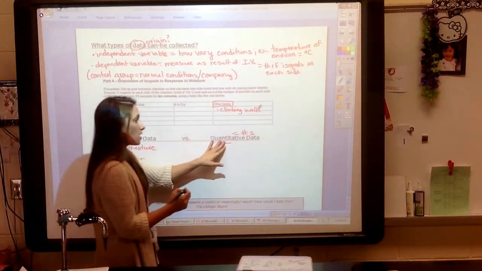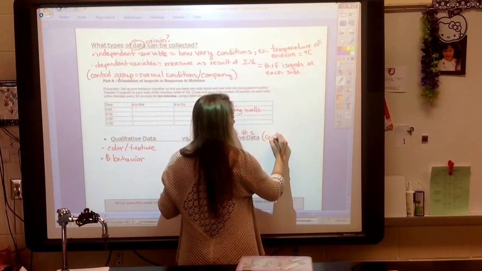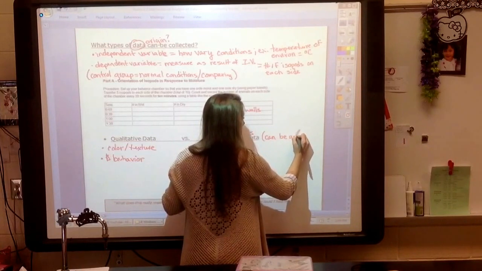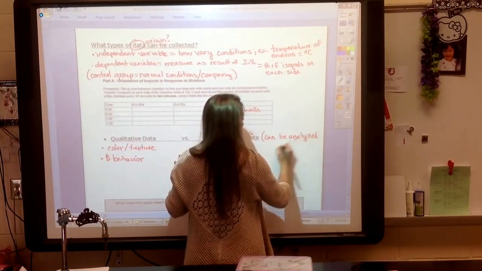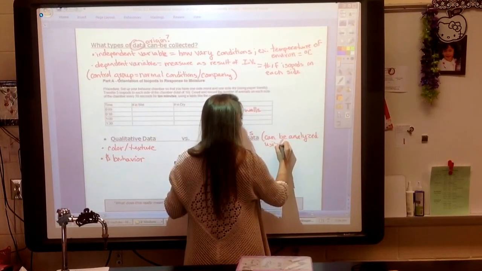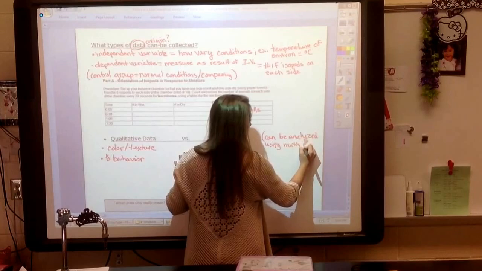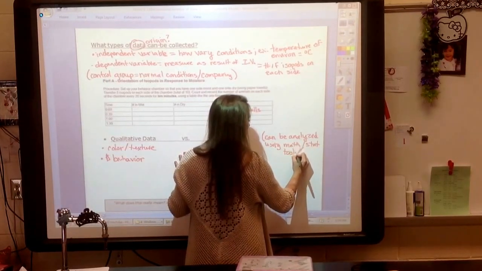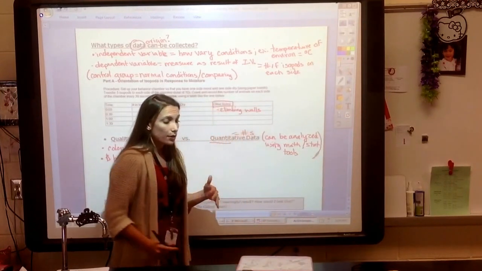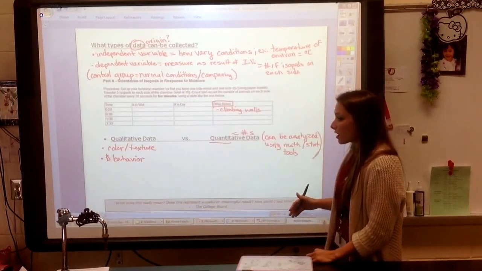So we focus on quantitative data because it can be analyzed using mathematical tools, math and statistic tools. And so that's going to be part of our job this year, is being able to analyze our data.